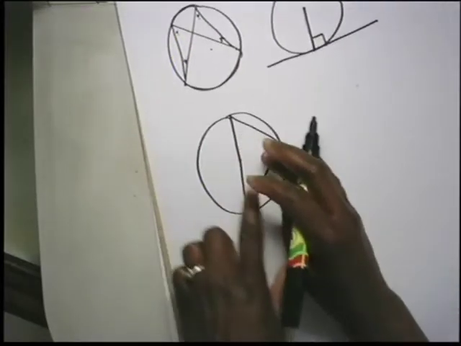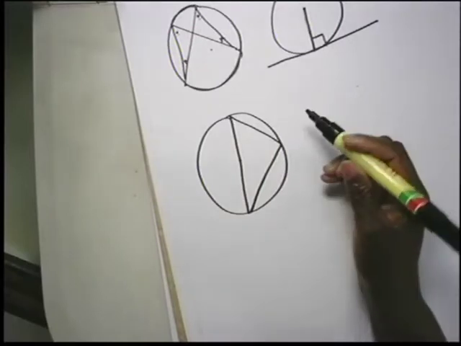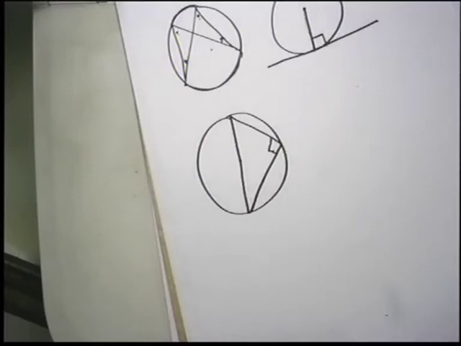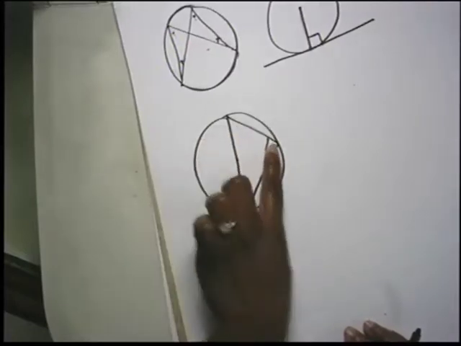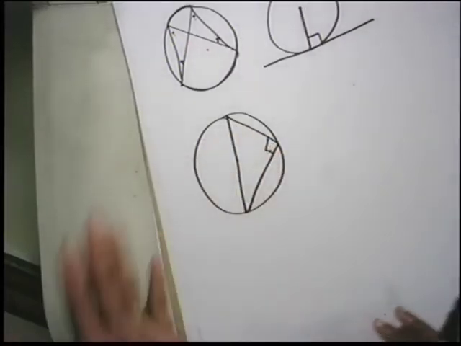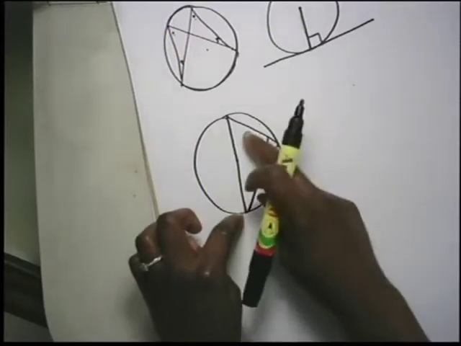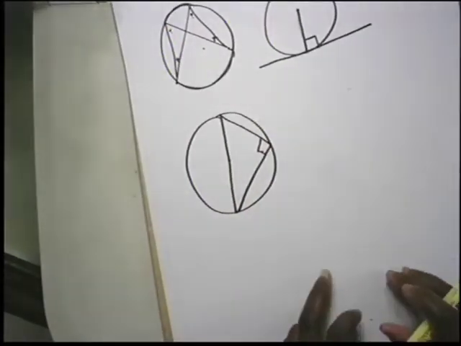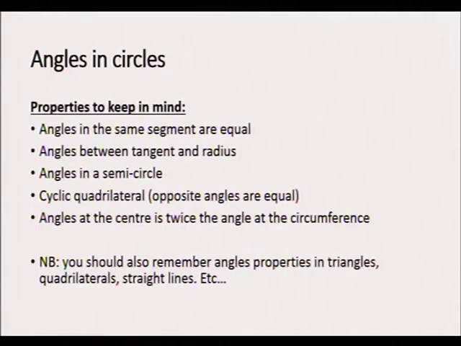You form a right angle triangle, so the angle formed here is 90 degrees. So angles in a semicircle, you should know that it's a right angle there. If you find a right angle, you should know the properties formed inside the triangle. Remember that.